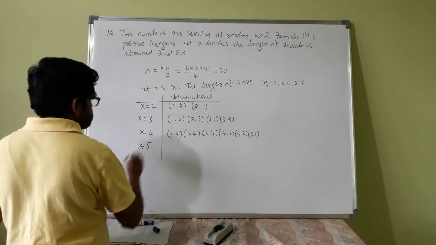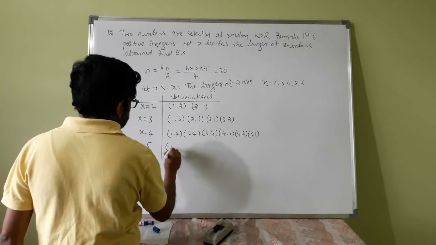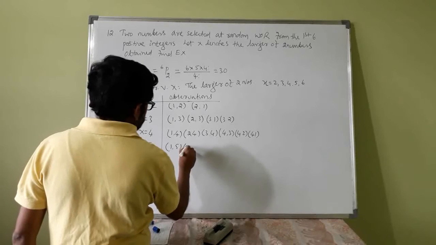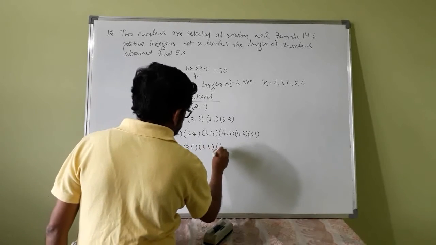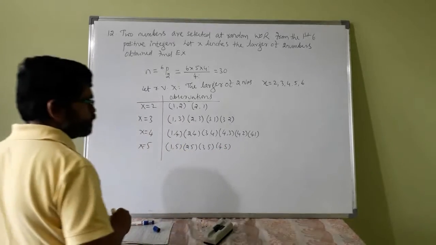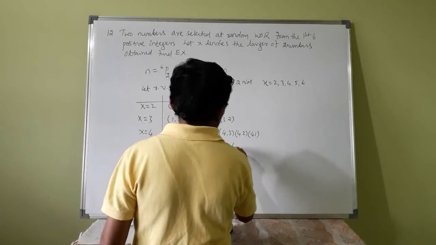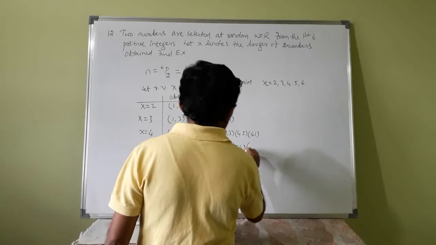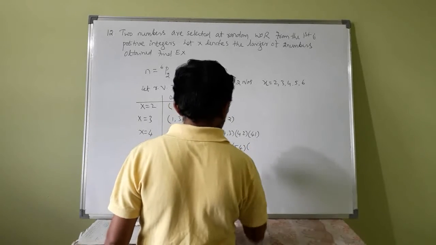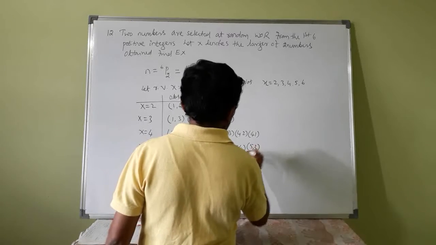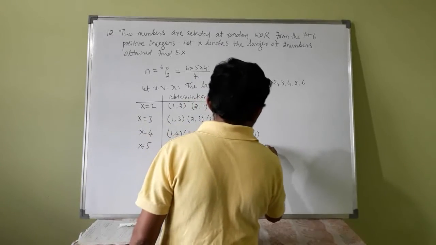When the larger number is 5: 1, 5, 2, 5, 3, 5, 4, 5. 5, 5 cannot be. See, 5, 4, 5, 3, 5, 2 and 5, 1. I hope you understand this.